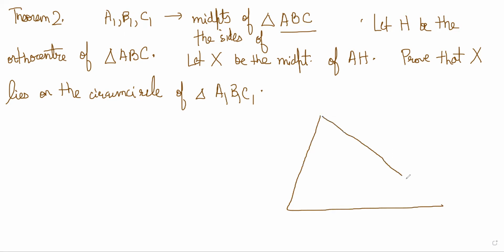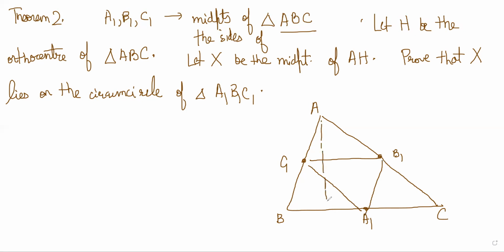The setup is the same. You have A, B, C. A1 is the midpoint here, B1 is here, and C1 is here. So you have this triangle. Let's draw the orthocenter.